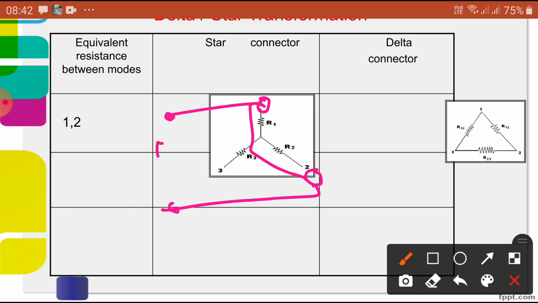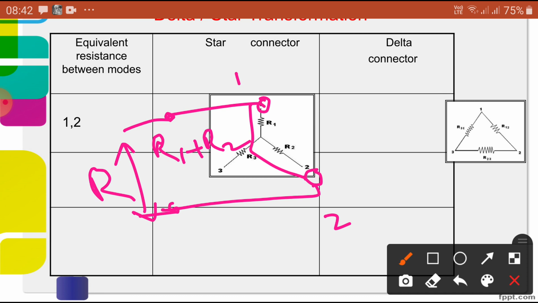That is R1 plus R2, connected in series only. Between the first node and second node, the third node is neglected, so there is no current flowing through it. So the equivalent resistance between the two terminals 1 and 2 is equal to R1 plus R2. Simple in the case of the star.